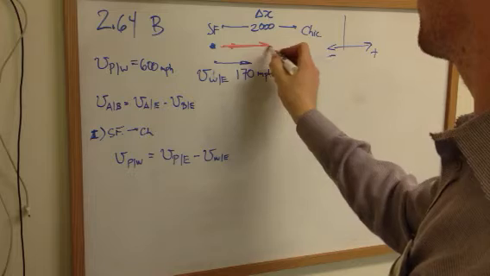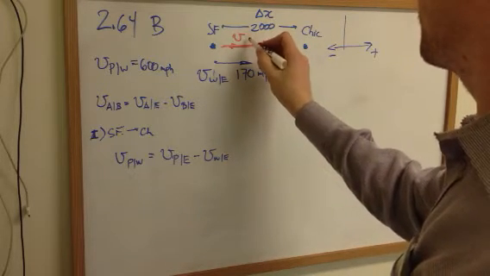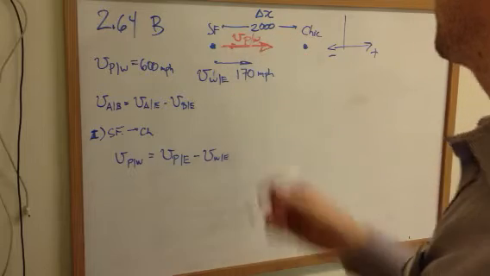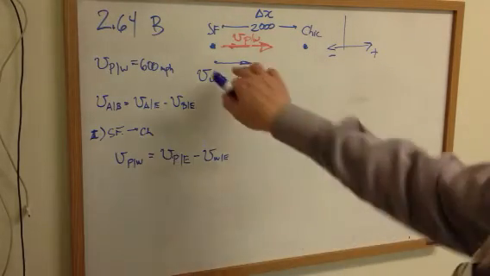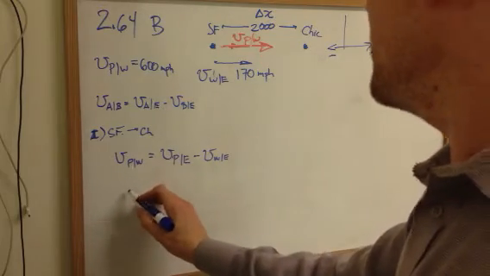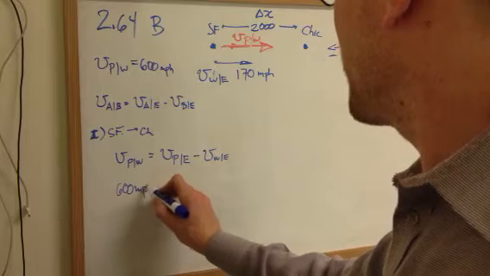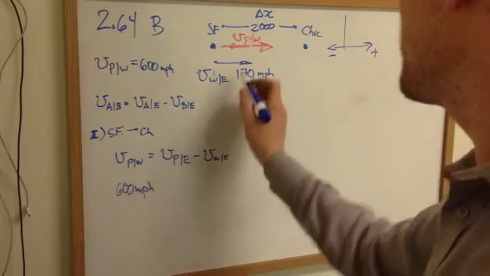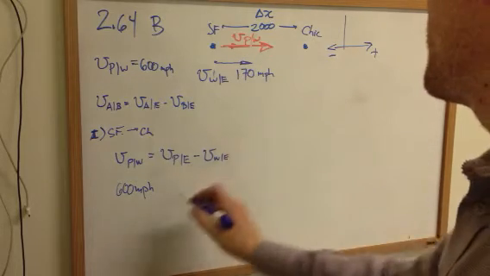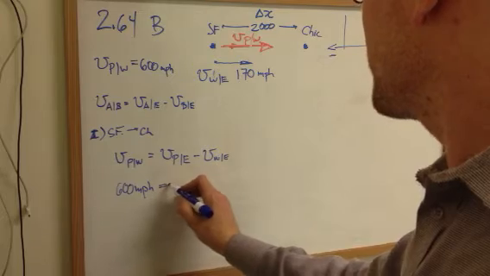Plane flies faster than the wind. This is the velocity of the plane in the wind. The wind is pointing in the positive direction. This is going in the positive direction. So the velocity of the plane in the wind is 600 miles per hour relative to the wind. So the wind perceives the plane flying at 600 miles an hour in the direction that it's going.